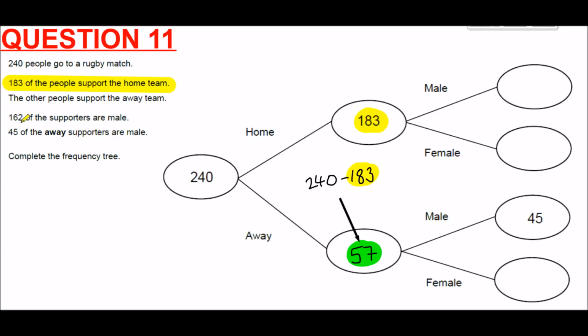It also says that 162 of the supporters are male. And so 45 male supporters are away supporters. So we can work out the number of male home supporters by doing 162 subtracted from this 45.